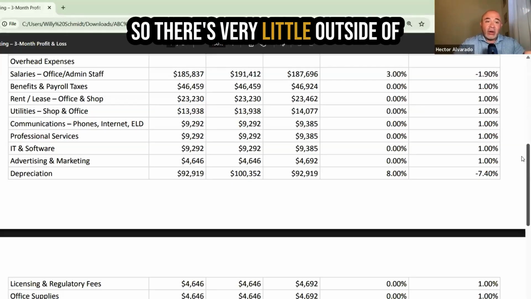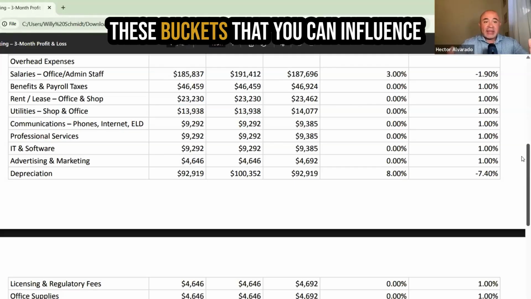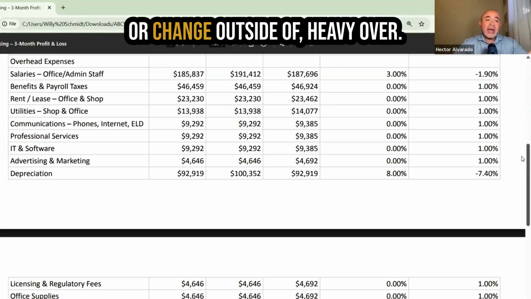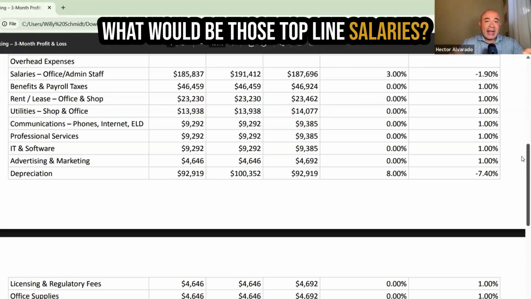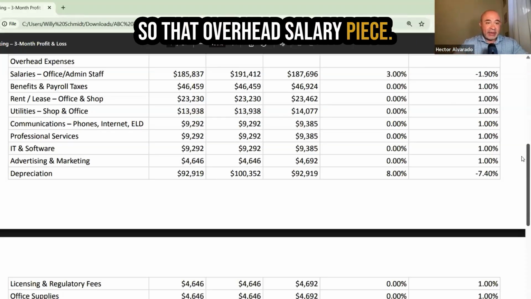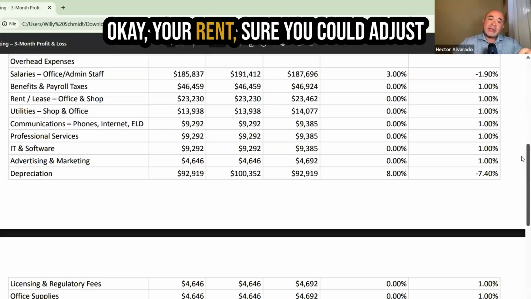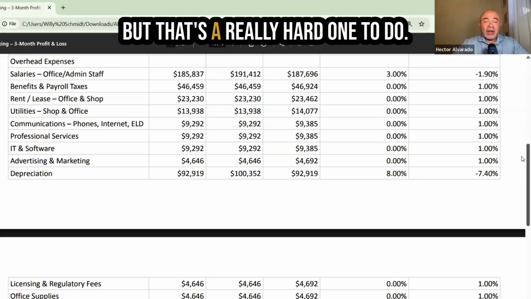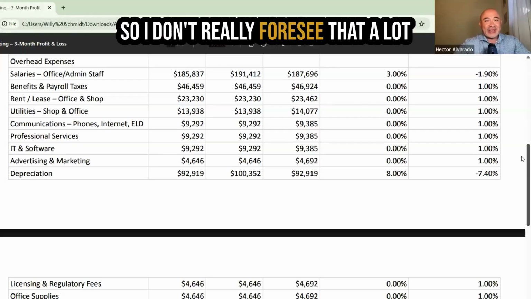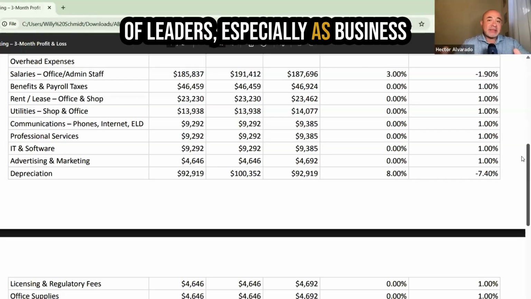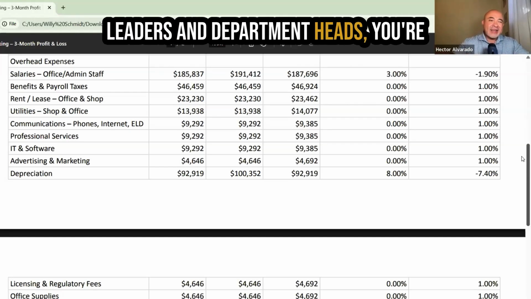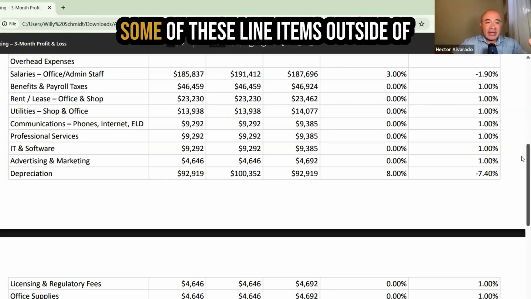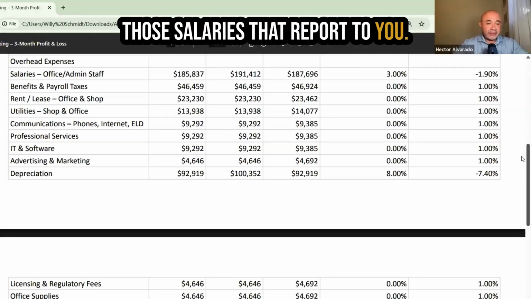So there's very little outside of these buckets that you can influence or change outside of heavy over what would be those top line salaries. So that overhead salary piece. Okay. Your rent, sure, you could adjust that by moving into a cheaper space, but that's a really hard one to do. So I don't really foresee that a lot of leaders, especially as business leaders and department heads, you're not going to have much influence in some of these line items outside of those salaries that report to you.